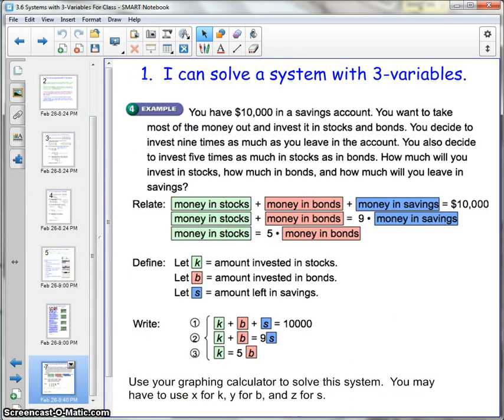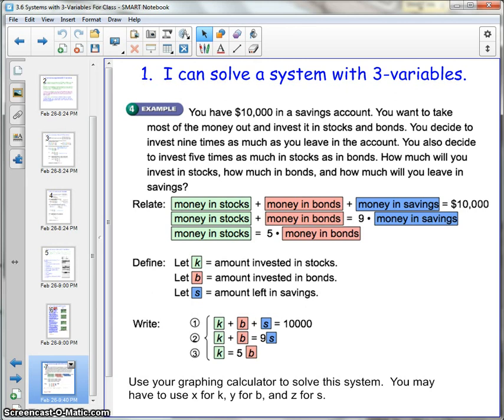So now on this last page we are going to look at how using a system of equations with 3 variables can help us solve a real-world example. So here in example 4 we have $10,000 in a savings account, and we want to take most of the money out and invest it in stocks or bonds. We decide to invest 9 times as much as we leave in the account.